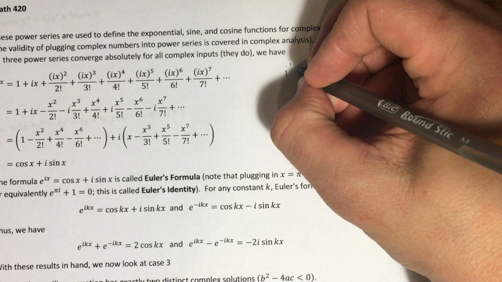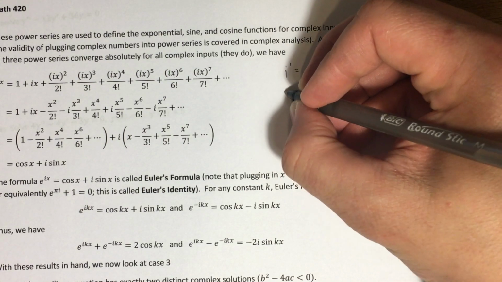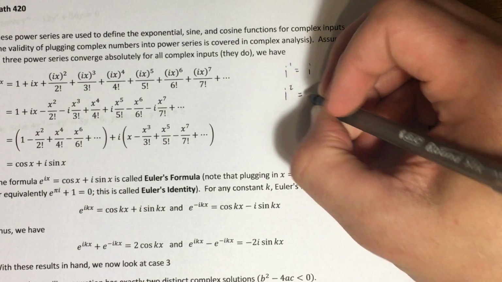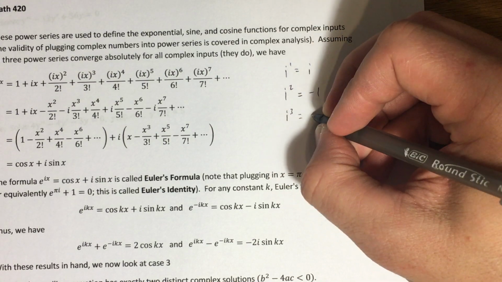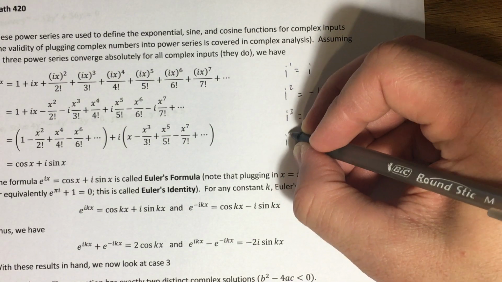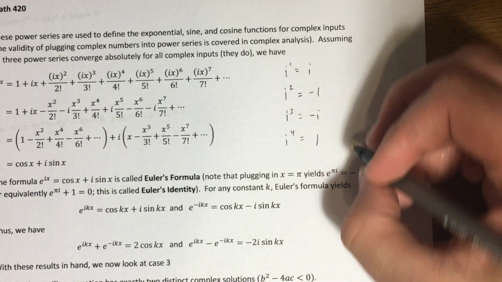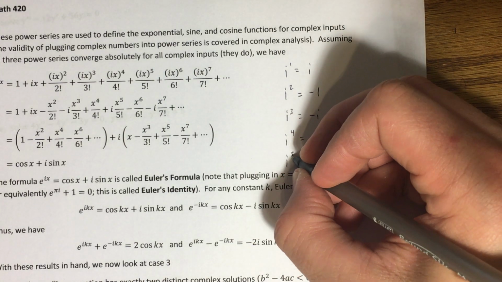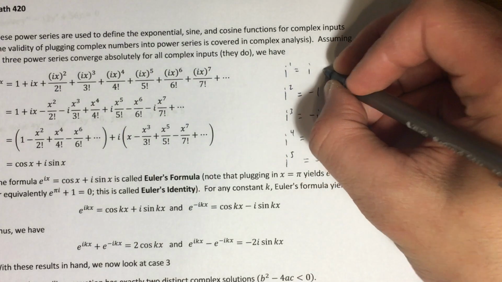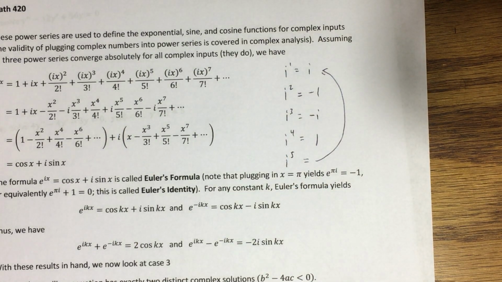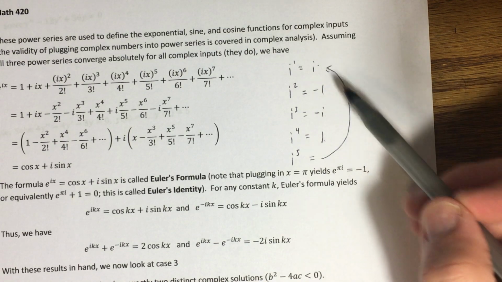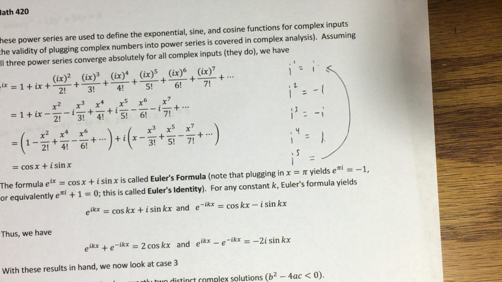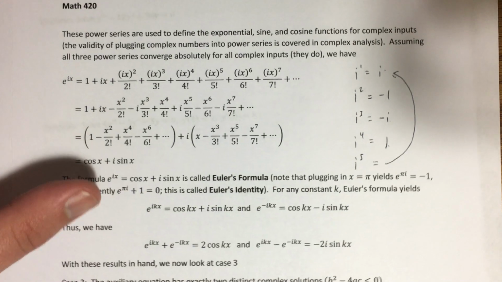You learn that i to the first power is i, i to the second power is -1, i to the third power is -i, and i to the fourth power is 1. Then if I raise i to the fifth power, it takes me back to the start again, and we have this infinite cycle: i, -1, -i, 1, i, -1, -i, 1. It keeps going with that pattern.